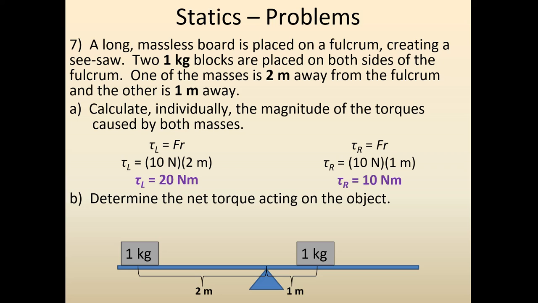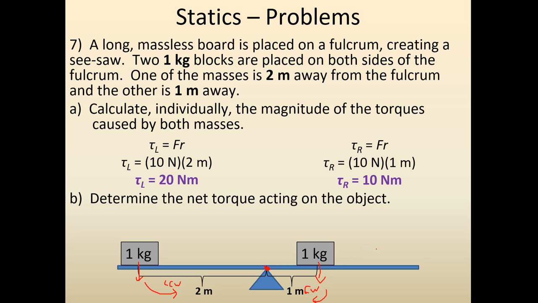Now for part B, it wants to determine the net torque on the object. So what we would want to do is draw the forces. These are the directions. This is where it's going to be pivoting around. So this going down is going to cause it to rotate this way, and that would be counterclockwise. This is going to rotate in the opposite direction, so that's clockwise.